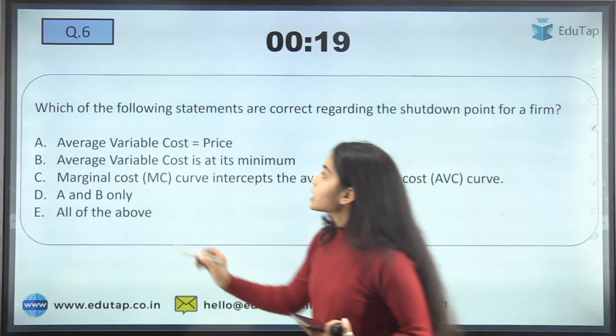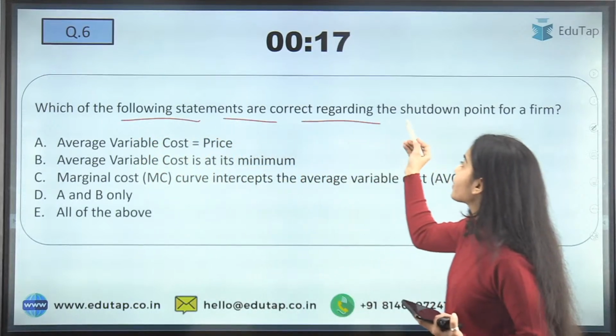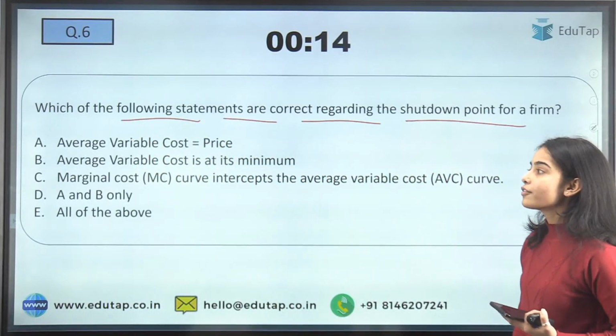The next question is, which of the following statements are correct regarding the shutdown point for a firm?